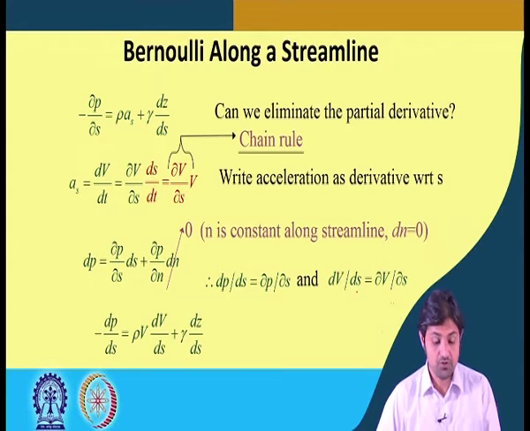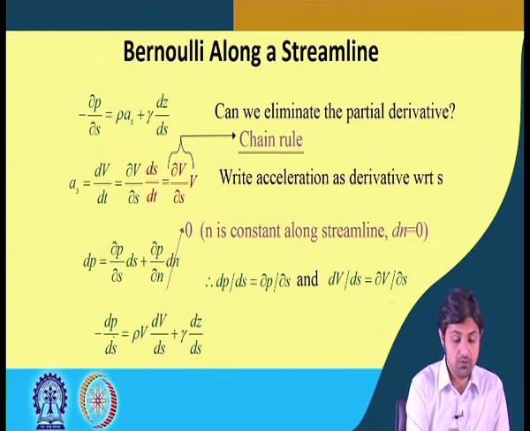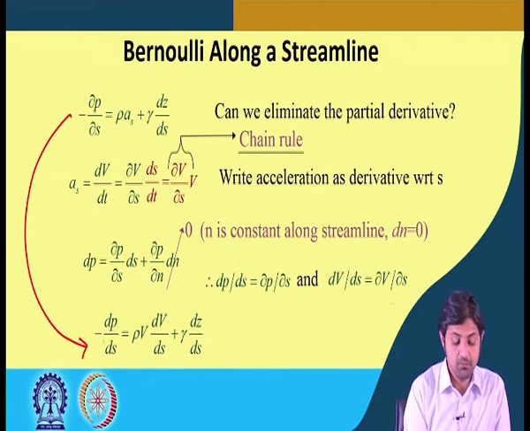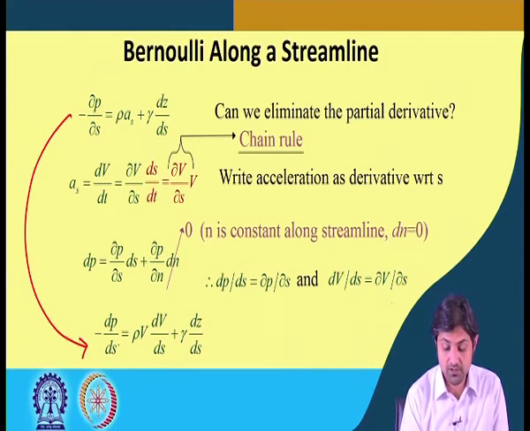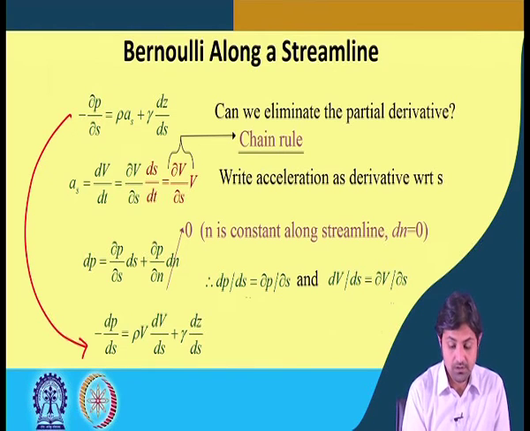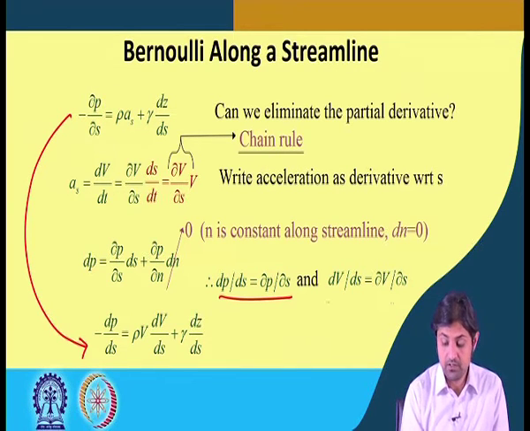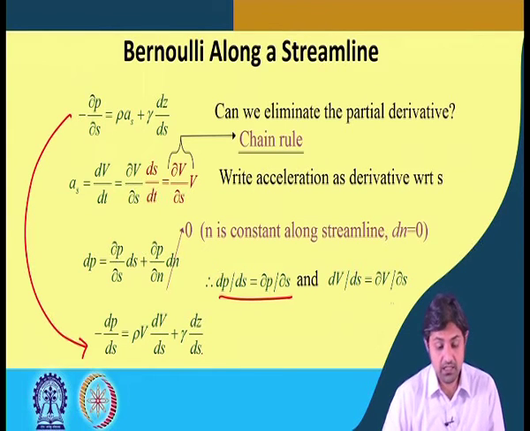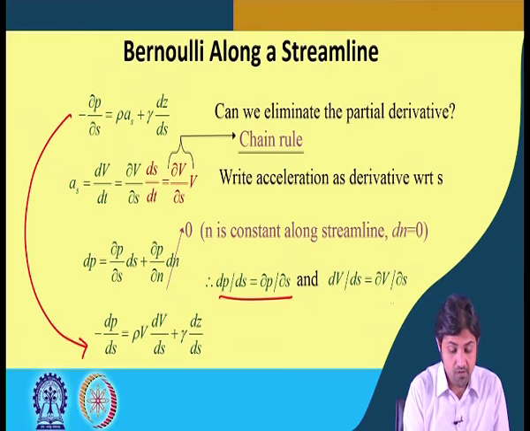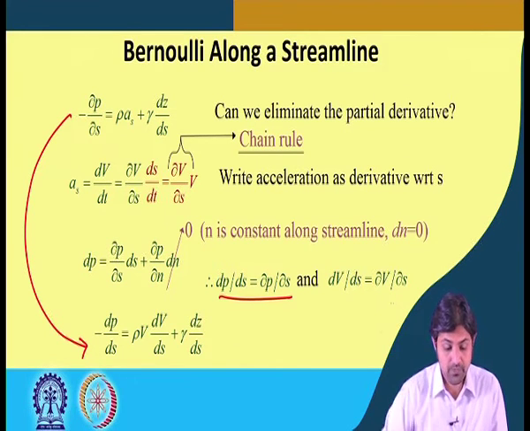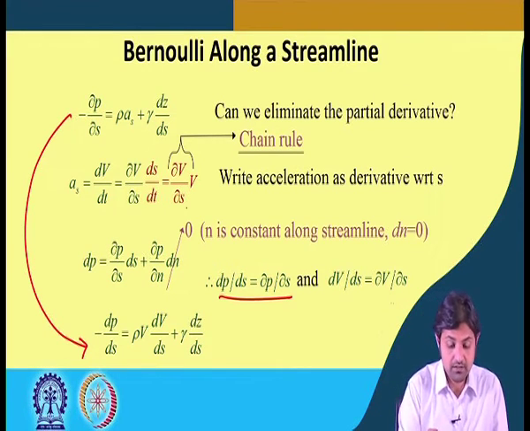All right. So this equation turns out to be minus dP ds, because this is what we have proved. And dV ds as del V del S. So we can write rho V dV ds plus gamma dz ds. a_s is V del V del S, and instead of del V del S we can write dV ds.